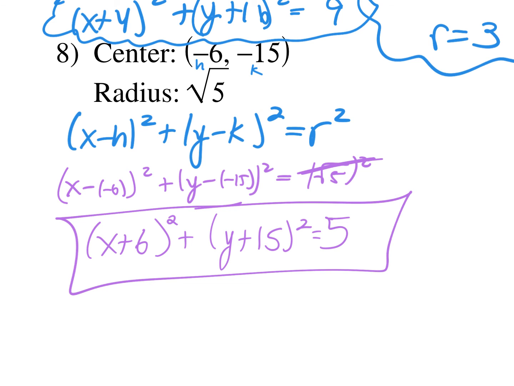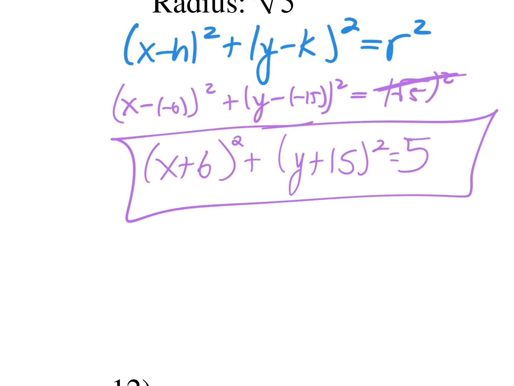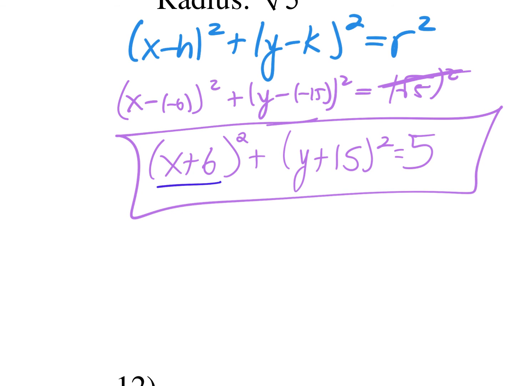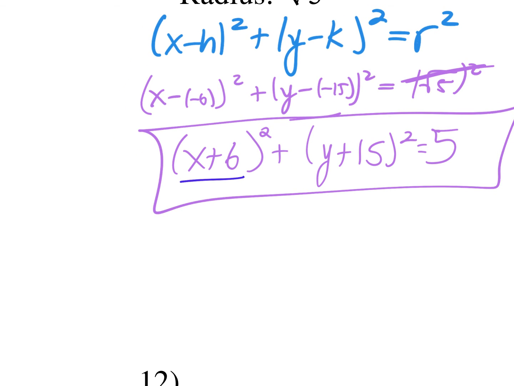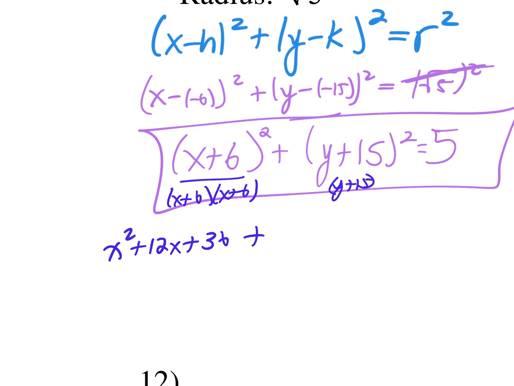Now, where this completing the square part comes from, let me just show you guys. You don't have to do this, but if I were to FOIL out x plus 6 squared, it's x plus 6 times x plus 6, like this. This would be x squared plus 12x plus 36. And then this is y plus 15 times y plus 15.